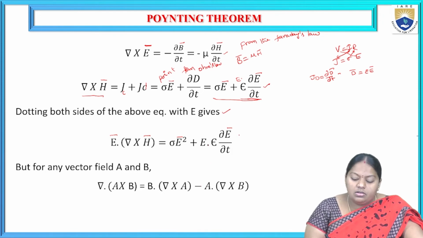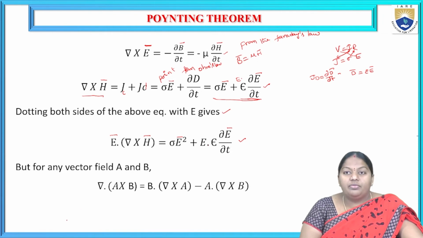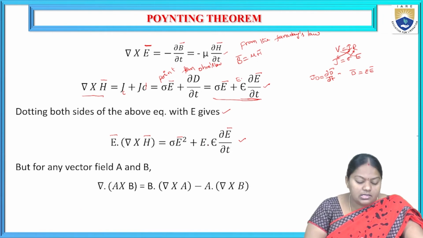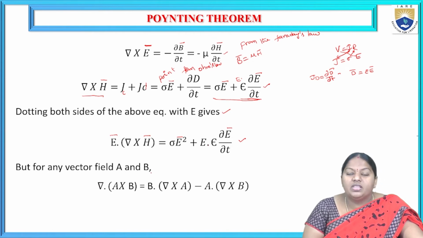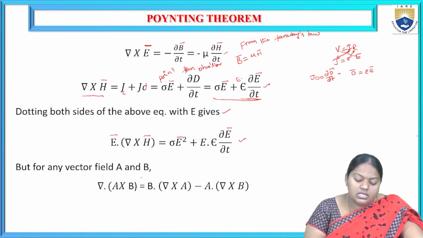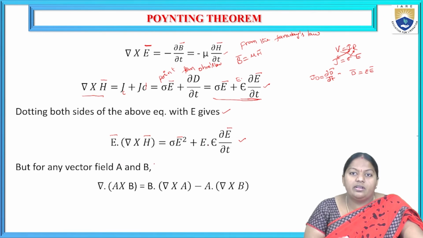Right? So in order to simplify this equation, we have a vector identity, valid for any vector fields A and B. In general, we are representing A and B as two fundamental vectors.